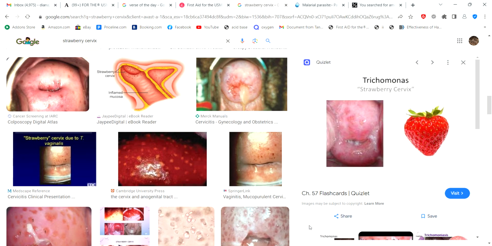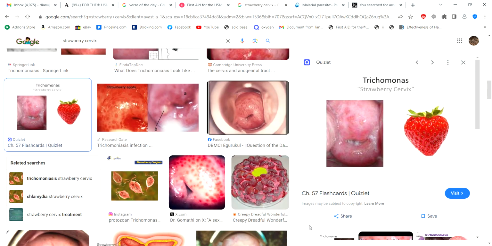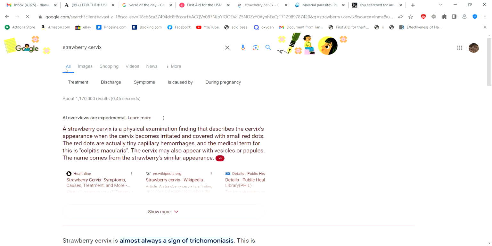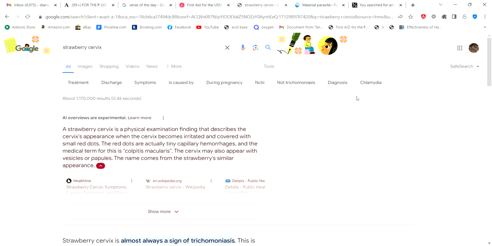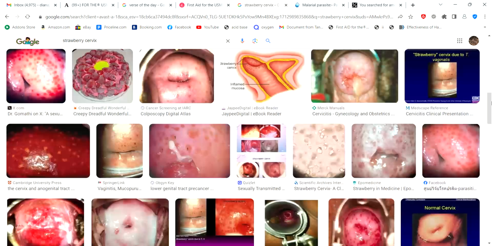Pro tip. If you're ever confused with this, I always, for the longest time, for immuno, if I were to Google things, I would not understand what they were talking about. So I always go to images. Always go to images, scroll down, scroll around.